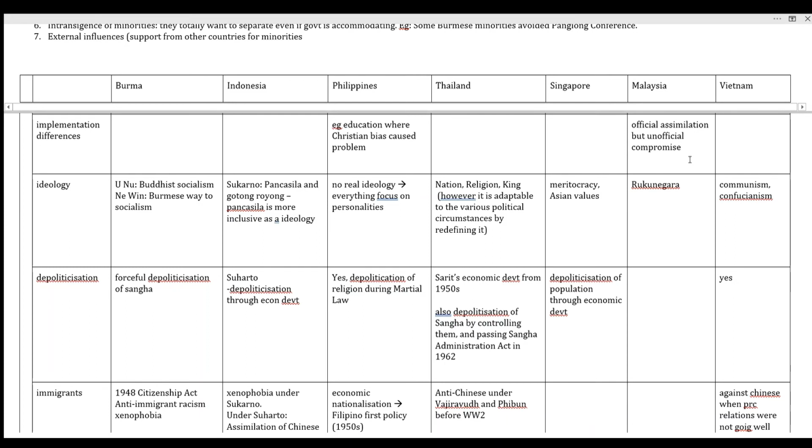Okay, so what this means is, officially, they're like, all of you, everything is the same for everyone. They're supposedly forcing everyone to do the same thing, but unofficially, there's a lot of compromise, even with the minorities, and that doesn't really make a lot of sense.